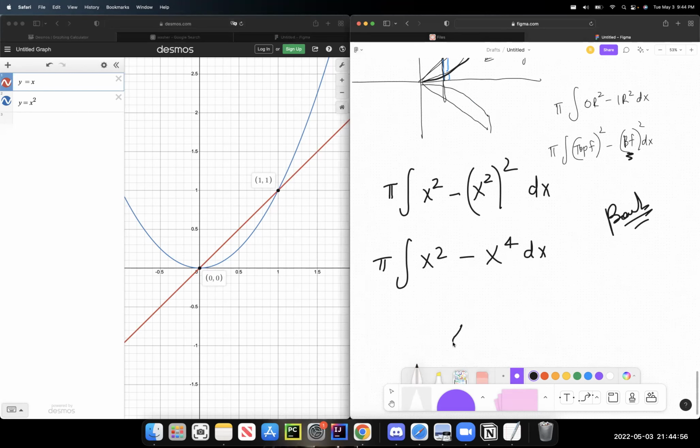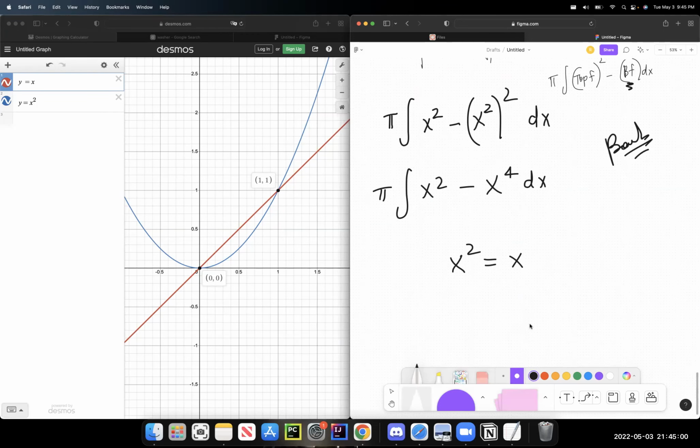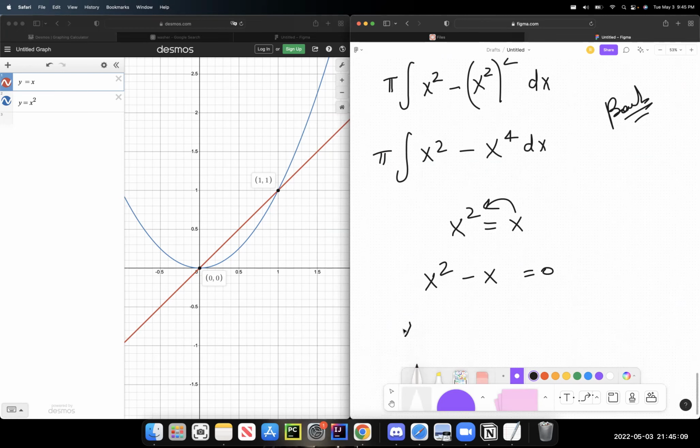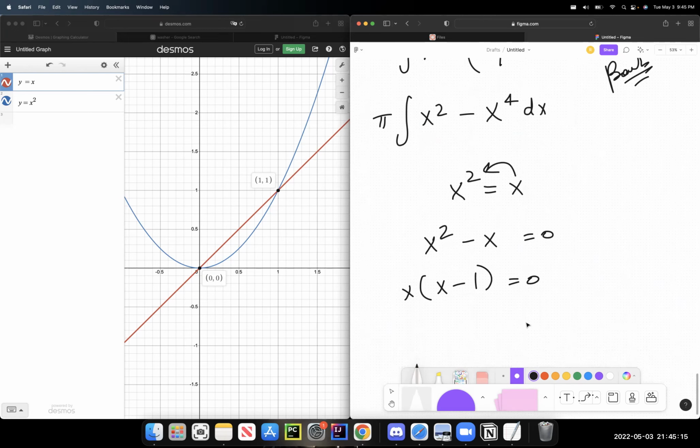Irrespective of bottom or top, you can just take both of the functions, like x squared and x, and then solve for x. So how would you solve for x? Well, perhaps you'd take this guy to this side and set this equal to 0, right? Basic algebra 1 stuff. Maybe you'd factor out an x. This is called the zero product property. If you have two things multiplied to each other and that's equal to 0, then one of them must be 0.